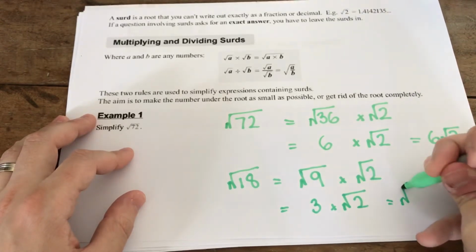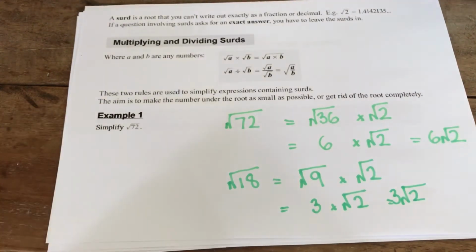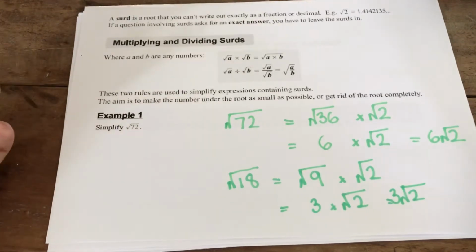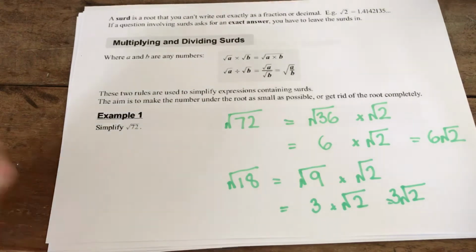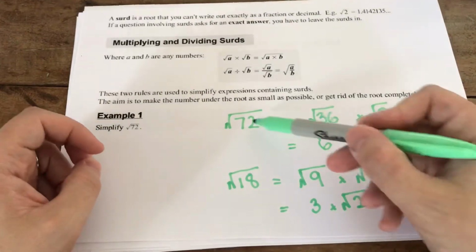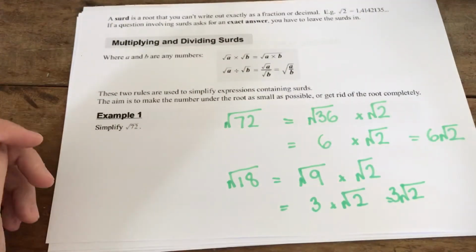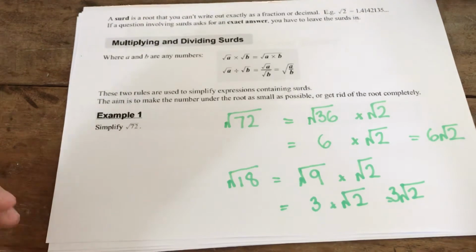And then you write it without your multiplication sign, similar to how you would do algebra. When you're simplifying surds, it's similar to simplifying fractions. You want to take out the largest square number to do that. For example, you could have taken out the square root of 9 for this, but that won't simplify that surd fully. You have to take out the largest square number that goes into it.